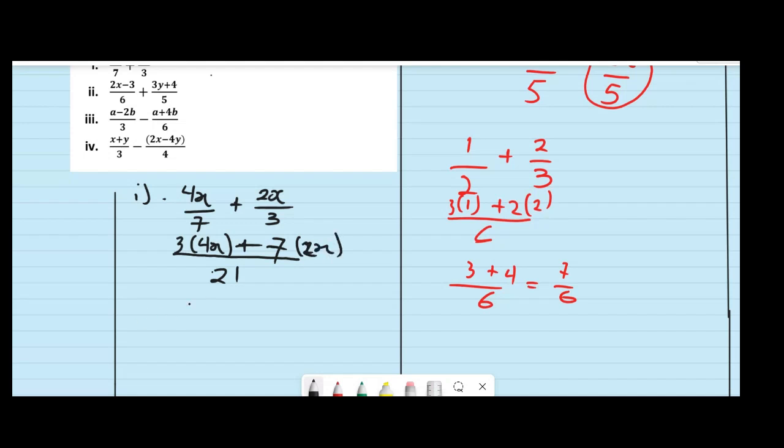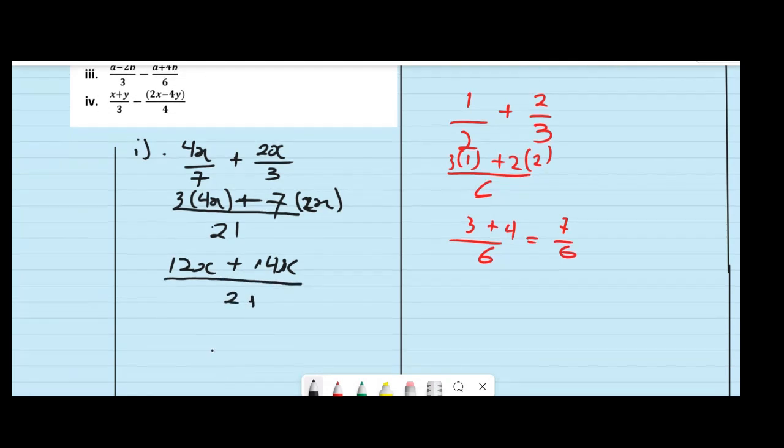So 3 times 4x will give us 12x, plus 7 times 2x is going to give us 14x, all divided by 21.